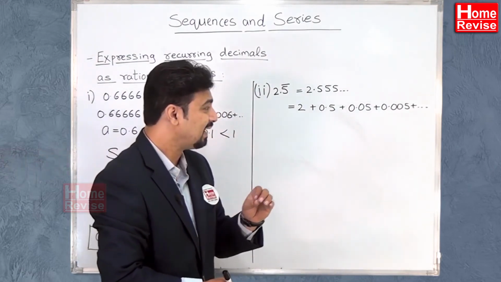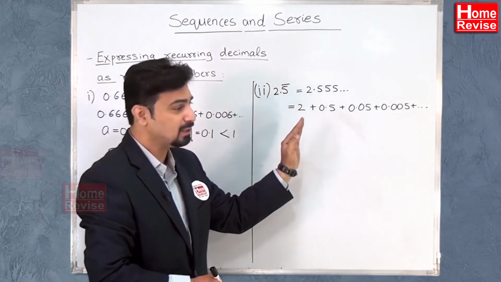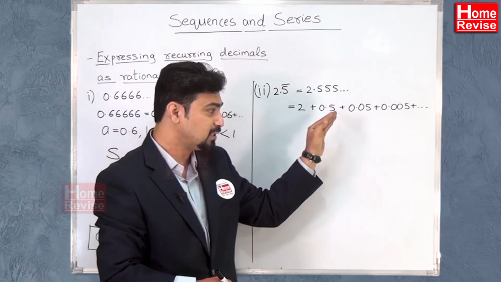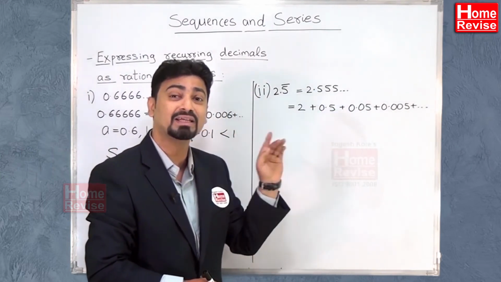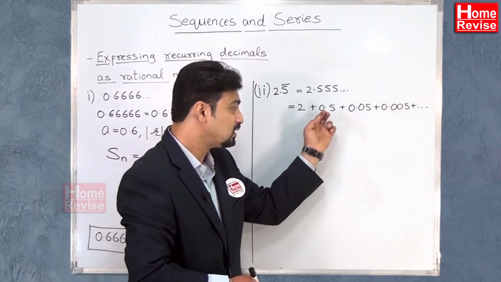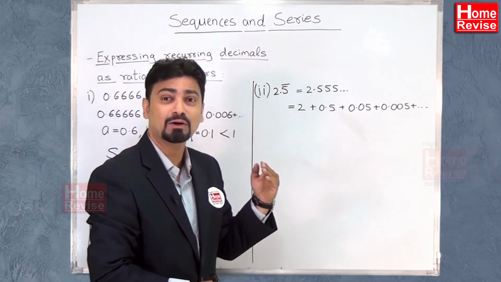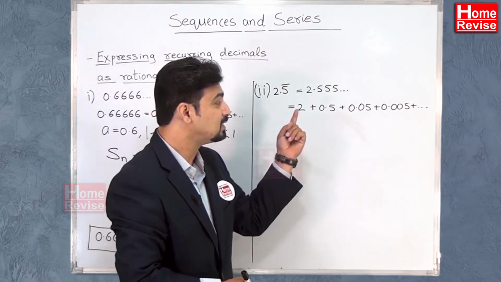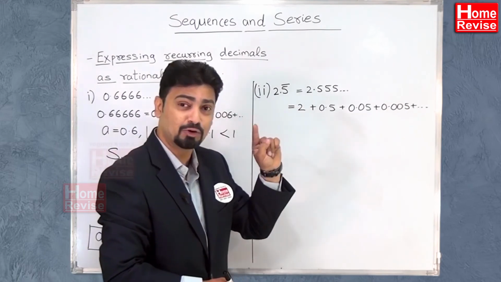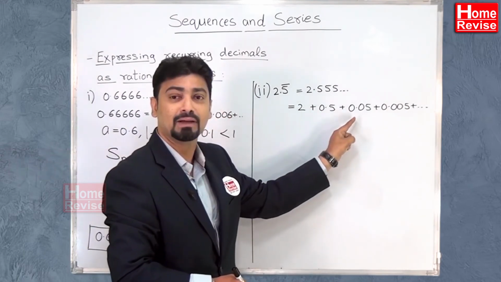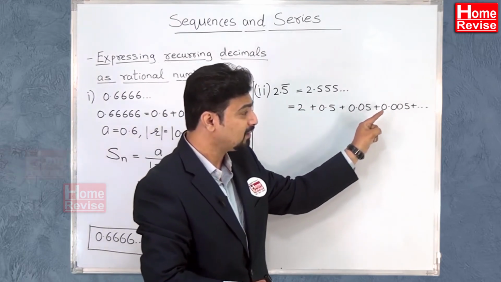Here we see that after the first term, the remaining terms, that's 0.5, 0.05, 0.005, are in GP with their first term as 0.5 and the common ratio as 0.1, because if I multiply 0.1 to this, I get the second term. Again, I multiply 0.1, I get the third term.